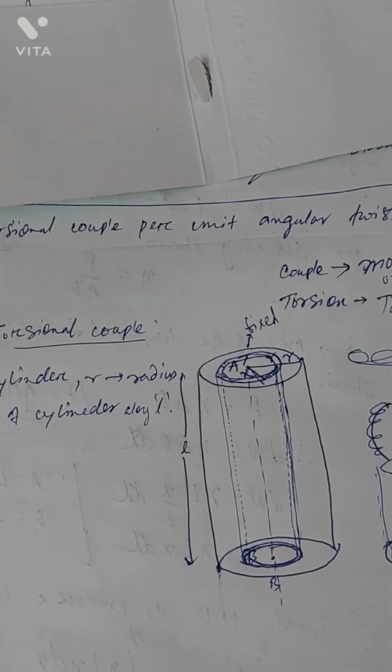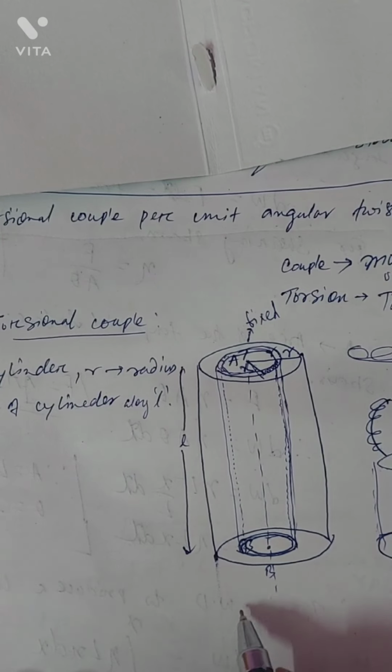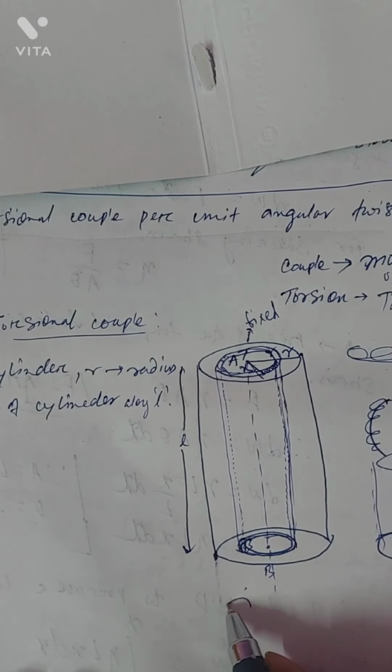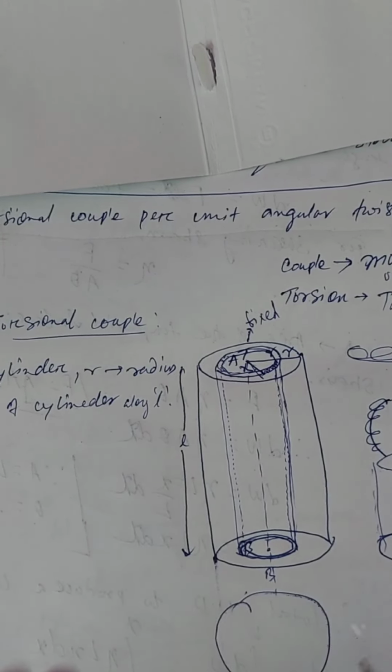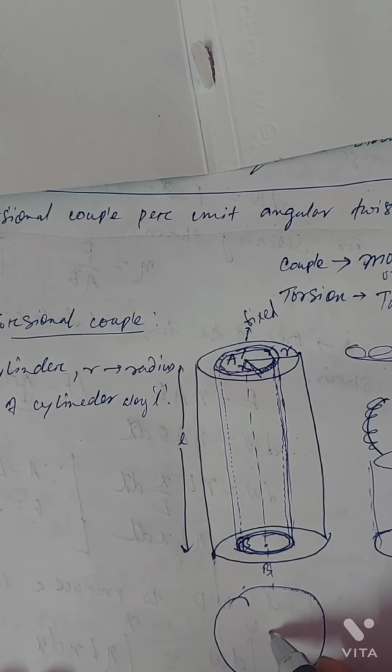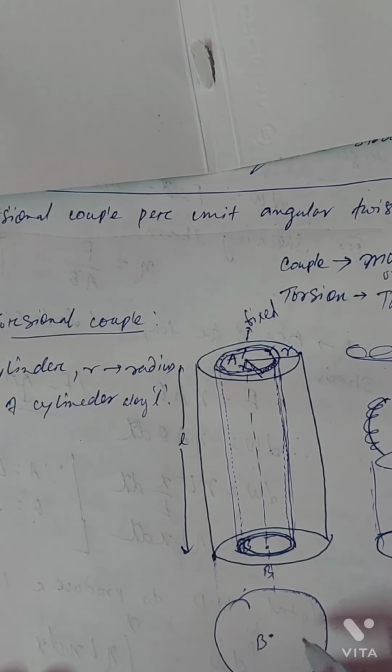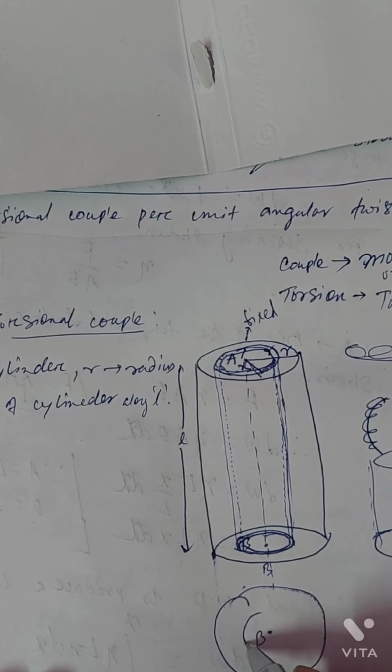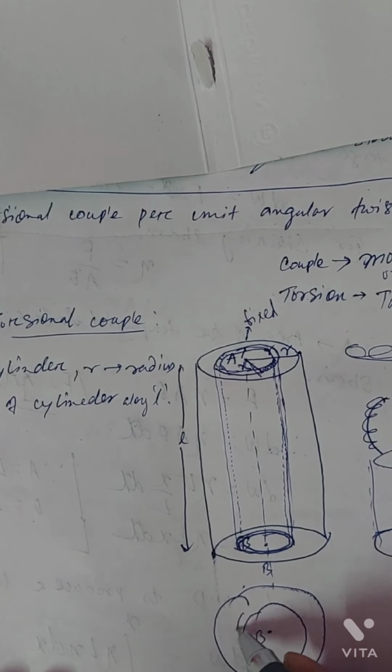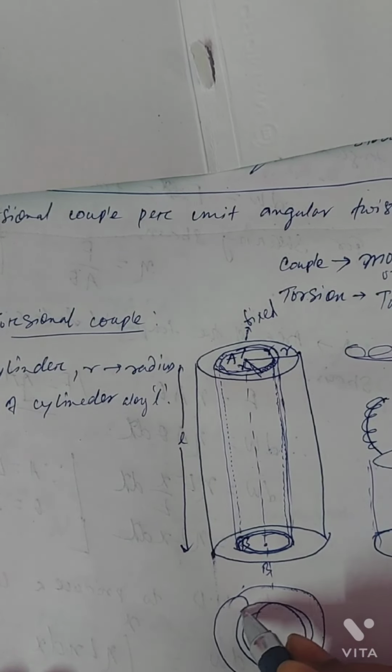Suppose this is the cross section, if you look from point B. This is the smaller cylinder which you are taking.